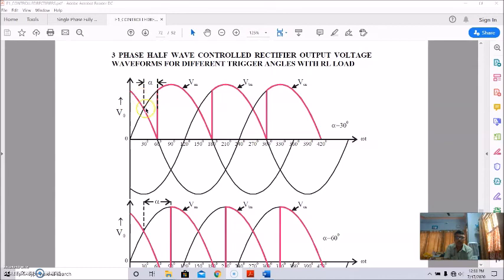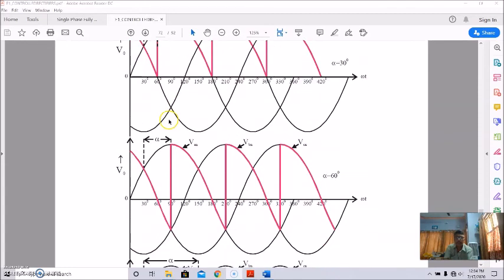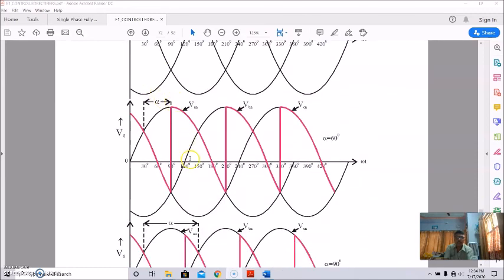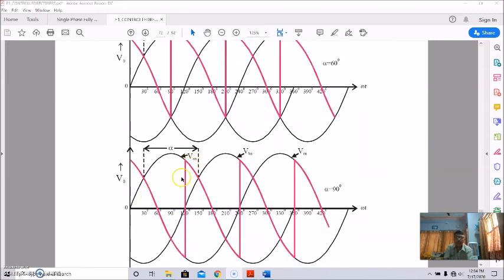For this, VN in A phase. This is for another alpha. This is another, and this is possible for 30 to 60 degree. Then again another, the alpha is like this.